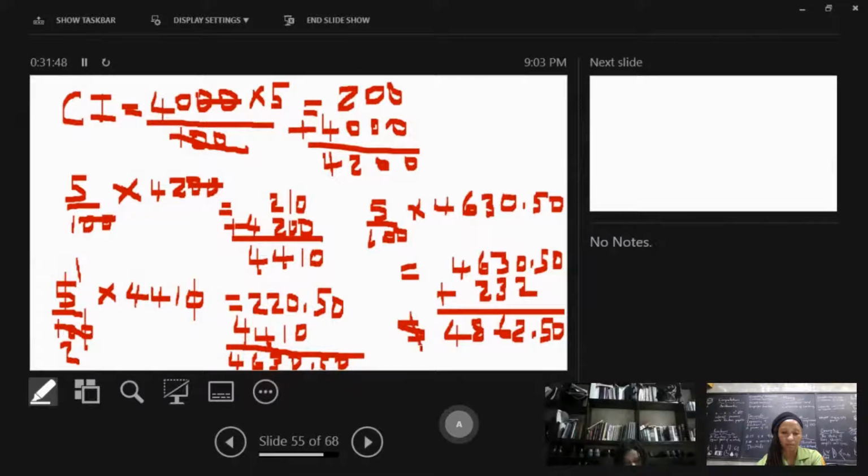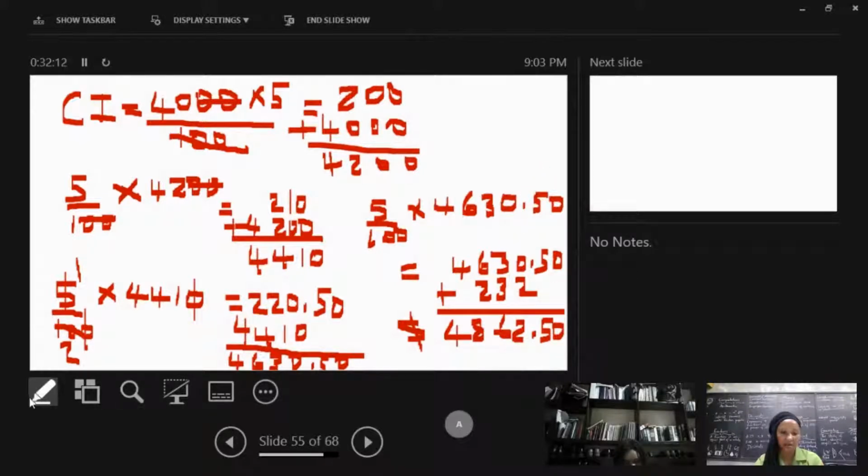Miss, I think my calculator, it's not giving me the decimal. Oh, so I wonder if there was a decimal. Let me check. So 5% of 4630.5. Oh, so there was a decimal for this one.